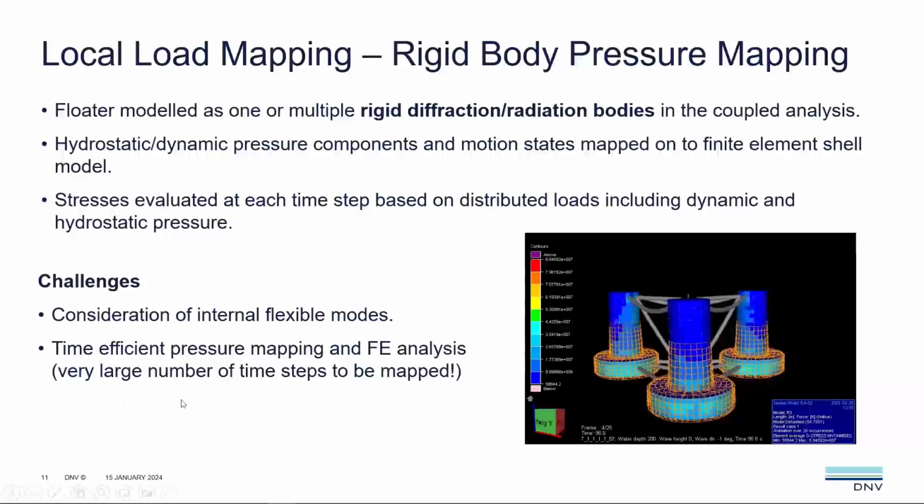And then I'd say one of the most significant challenges is how to map the hydrodynamic or the hydrostatic pressure efficiently on these rigid bodies, given that we have thousands and thousands of load cases, so a very significant number of time steps that involve a lot of computational burden, but also data.